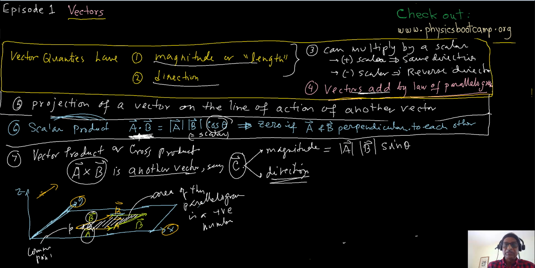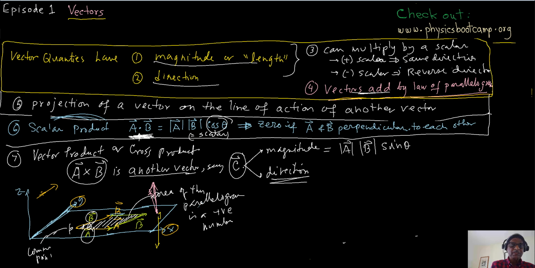To get the direction, we use what is called the right-hand rule. So the direction will be perpendicular to this plane. So it's going to be either this direction, or it's going to be this direction. It's going to be 90 degrees to this plane.